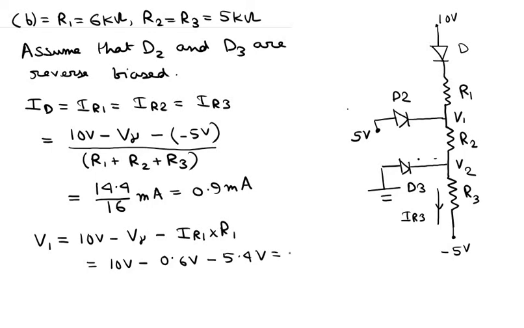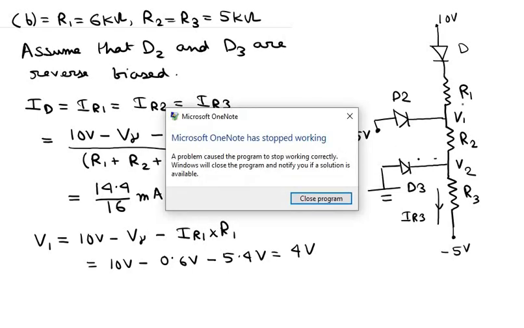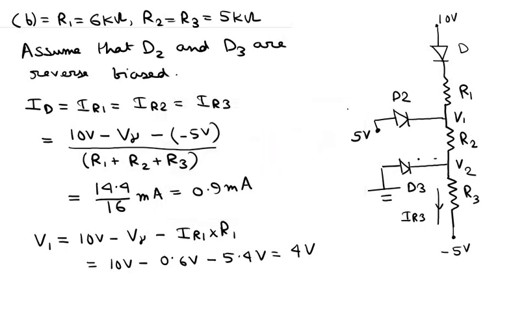So this is equal to 4 volts actually. So we are getting the fallacy that D2 is actually reverse biased, because this voltage here is 5 volts and the voltage V1 is equal to 4 volts. So D2 must be forward biased.